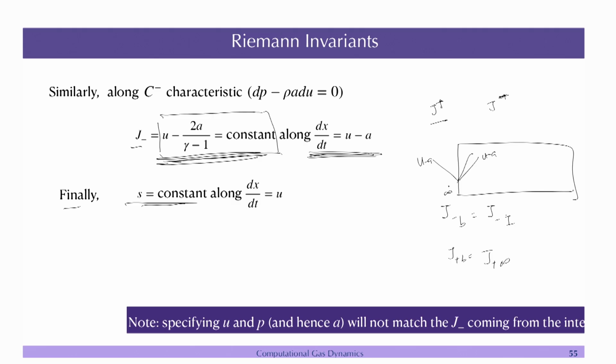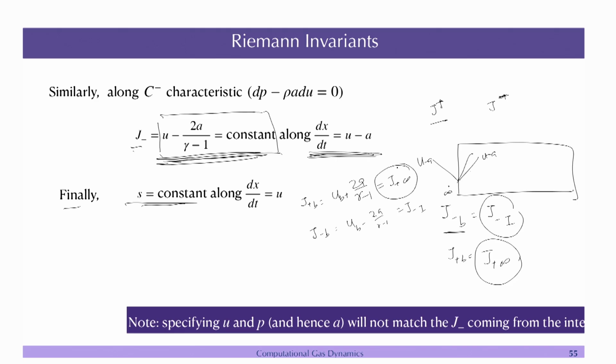Once you know this, from the interior you can calculate this J minus, and from the exterior you can calculate this J plus. So, J plus b will be u b plus 2a by gamma minus 1, and J minus b is equal to u b minus 2a by gamma minus 1, which in this particular case can be calculated using J plus infinity and J minus interior.